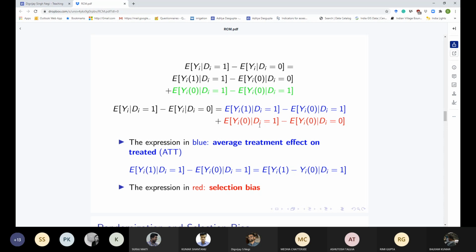Suppose you could observe the potential outcomes for individuals who were treated, if they would not have been treated. Okay, will that be similar to the control's outcome?